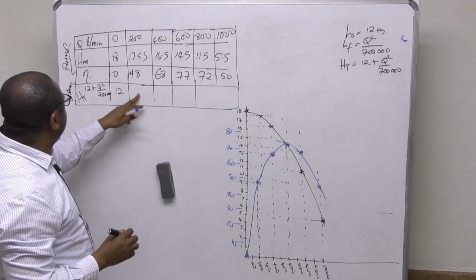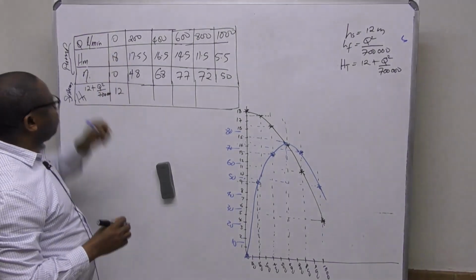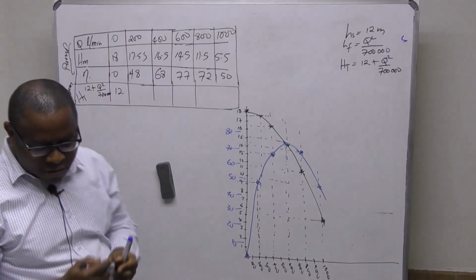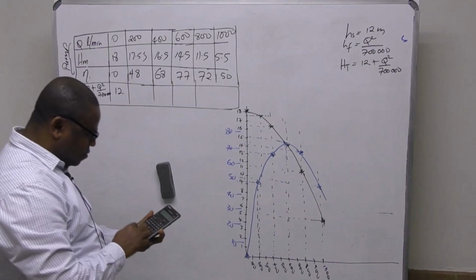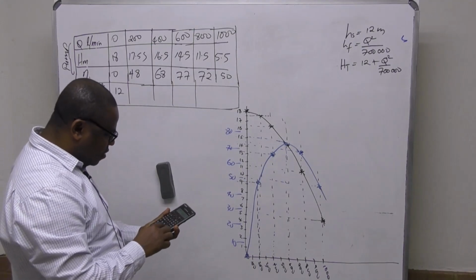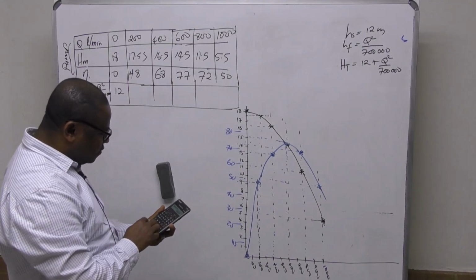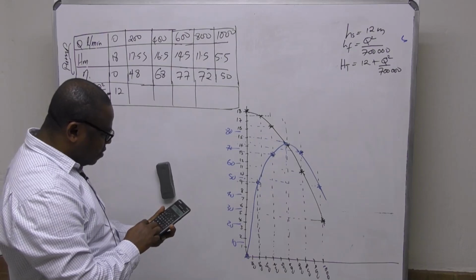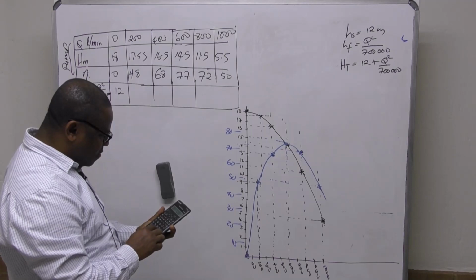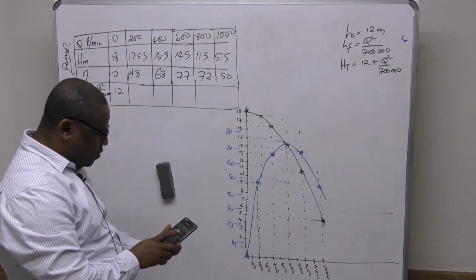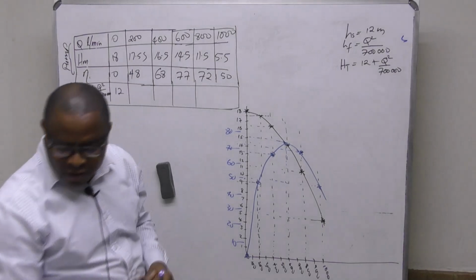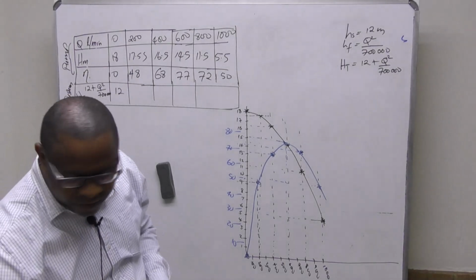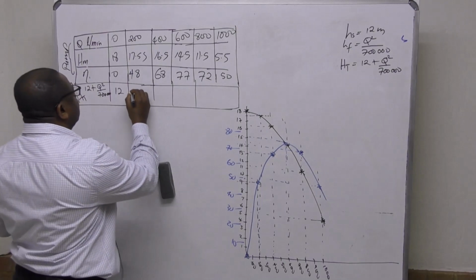Now put Q as 200. 200 squared divided by 700,000 plus 12, you get 12.057, which is like 12.06.